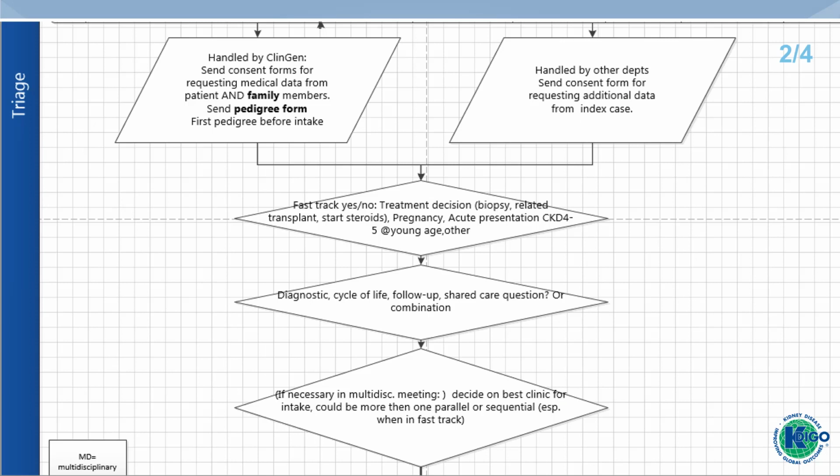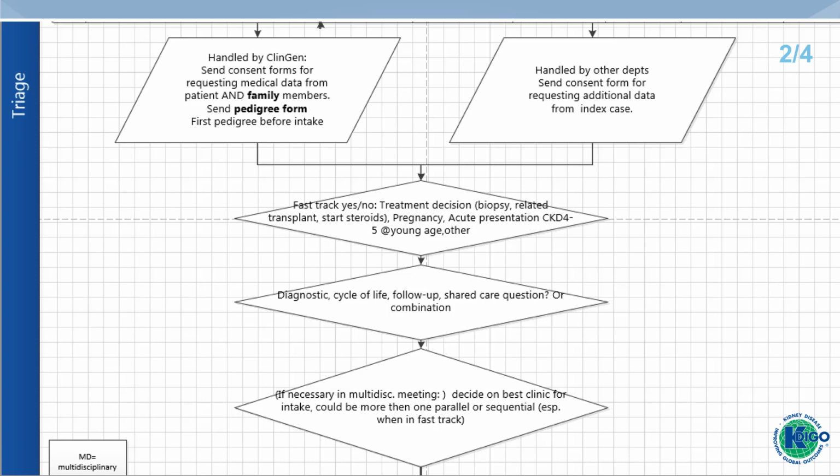And then if the triage is handled by the clinical geneticist, we can go one step further in requesting additional data for the first visit, because we also have the infrastructure for requesting data from family members and consent forms, etc. Usually the other specialists don't do that for a first intake.